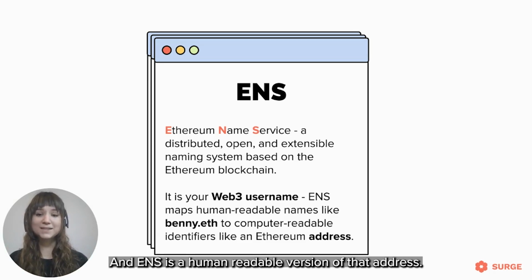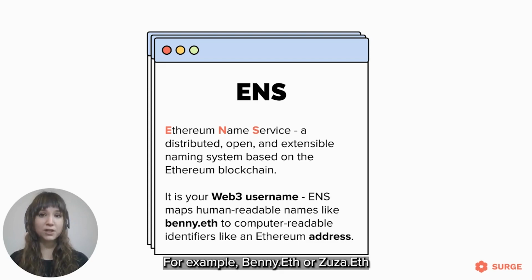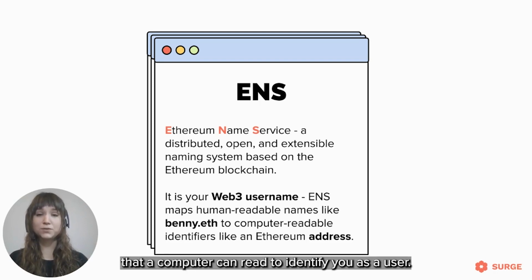And ENS is a human-readable version of that address, and you can think of it as your Web3 username. For example, benny.eth or zuza.eth. And what ENS does is take this human-readable name and translate it to something that a computer can read to identify you as a user.